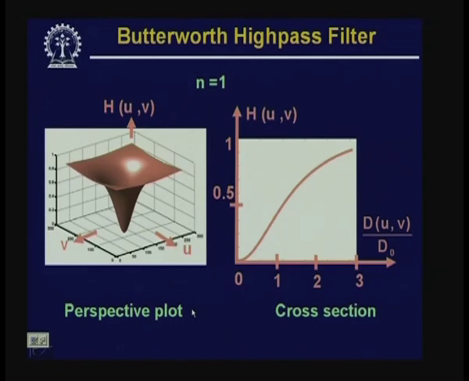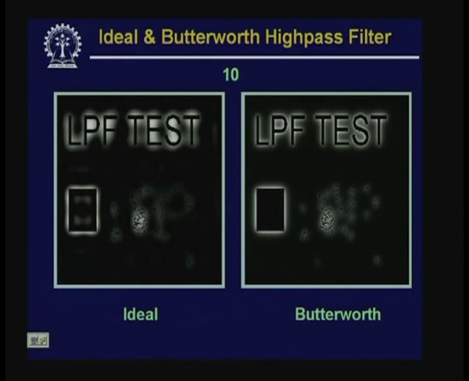This shows the Butterworth filter perspective plot as well as the cross section of a Butterworth filter of order 1. And if I apply such high pass filters to the same image, the result that we obtain is something like this. On the left hand side, this is the response of an ideal high pass filter.